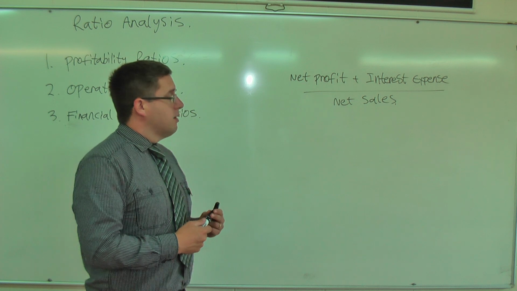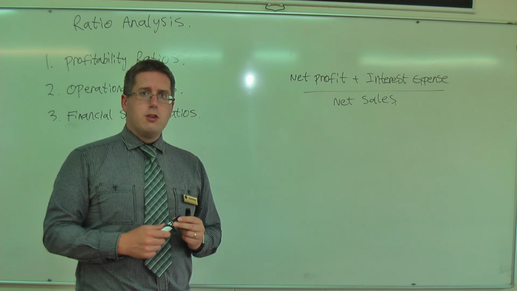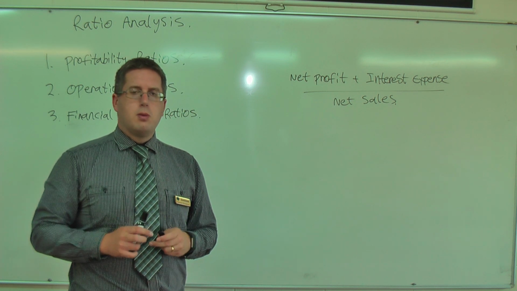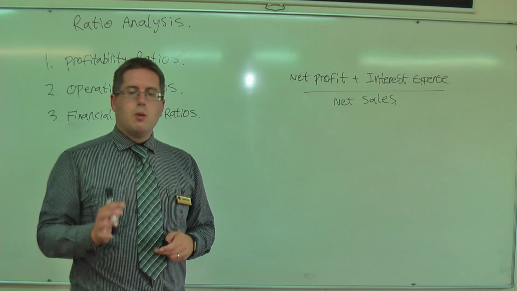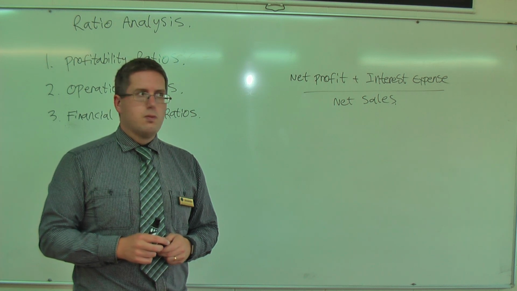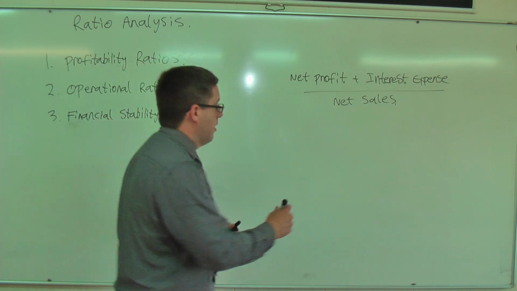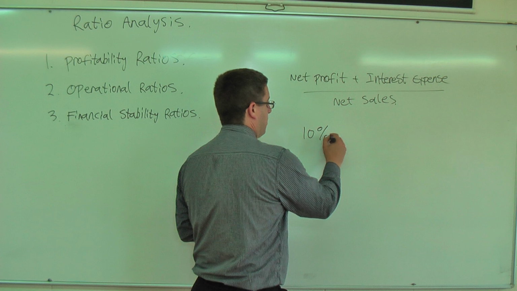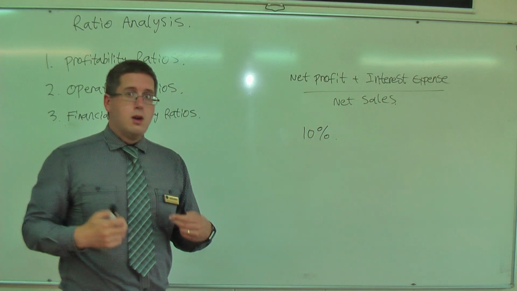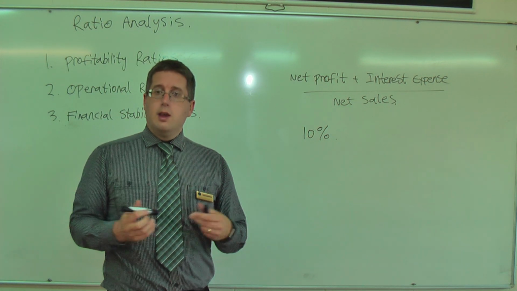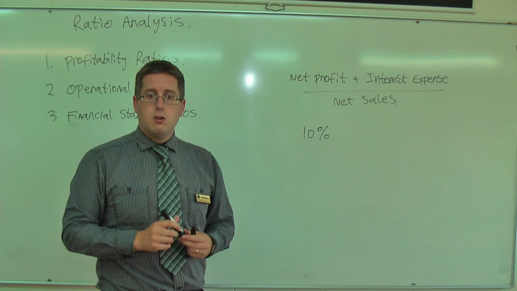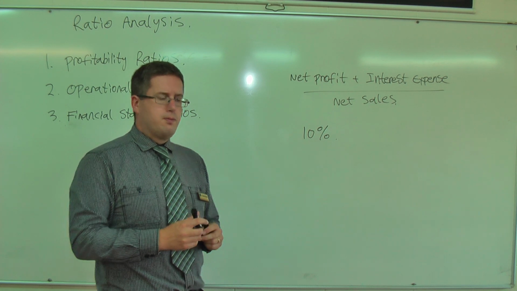What this does is it gives us how much the business ends up keeping after taking away all the other expenses. So think of it as, if the result comes out at maybe 10%, that means for every $1 of sales, they get to keep 10 cents as net profit.